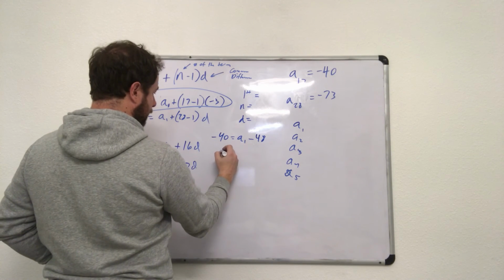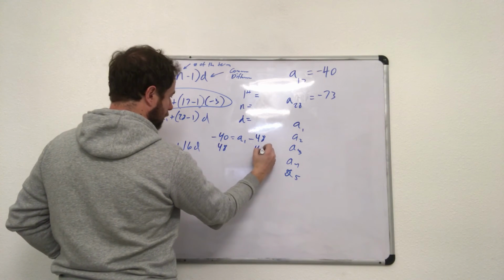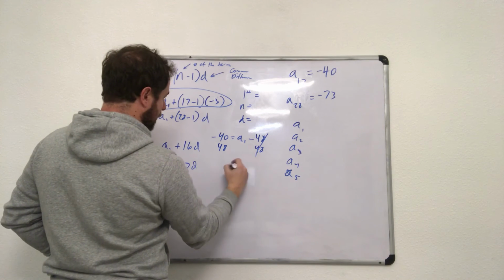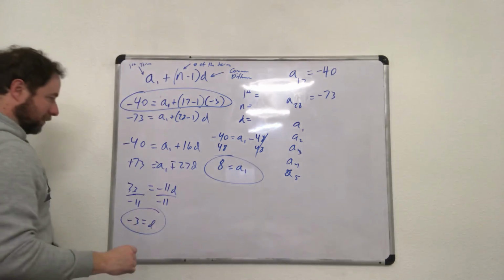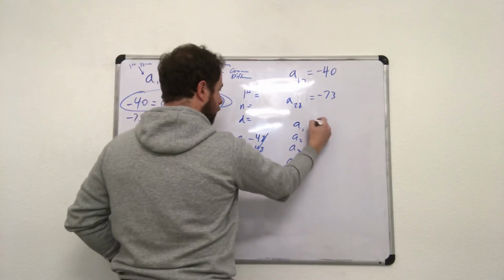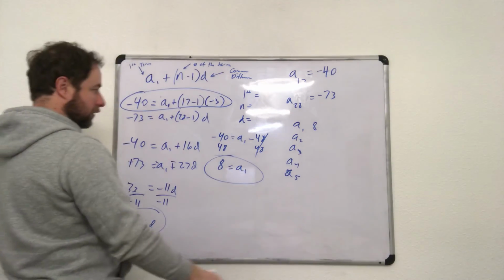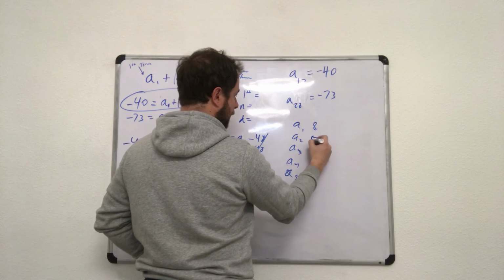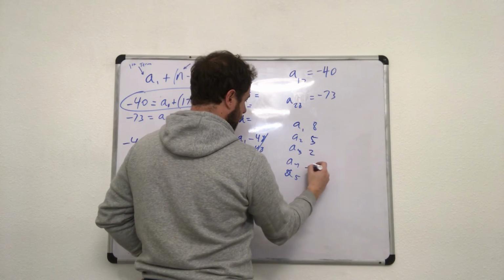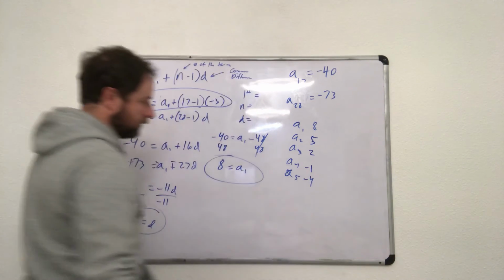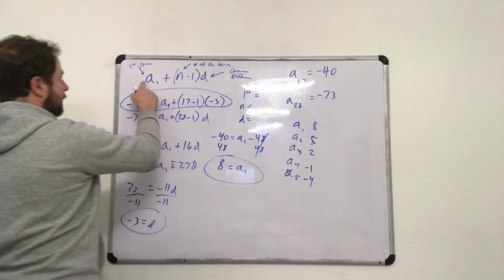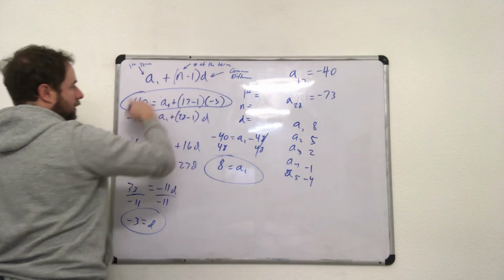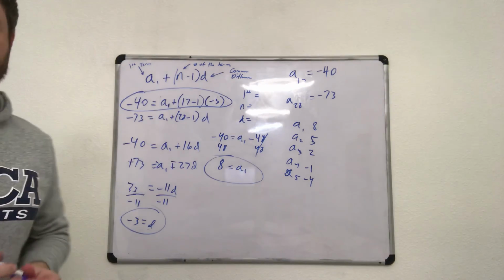Add 48 to both sides. That cancels. A1 is 8. So now we have A1, and our common difference is -3. Well, if this is 8, and you're going to add -3 every time, it makes it pretty easy to go 8, 5, 2, -1, -4. It all goes back to using this formula right here in order to think it through and solve for these.